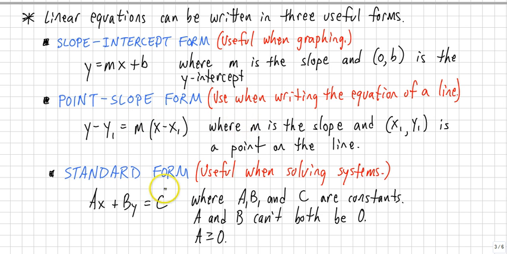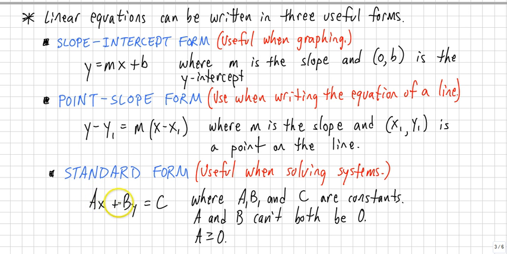And then the other useful form for linear equations is standard form. Standard form, we don't use as much. The main reason we'll use it this year is when we solve systems of linear equations, which we're not there yet, but we will be soon. Standard form is basically when x and y are on the same side of the equation. So if you have Ax plus By equals some constant C, that's standard form.